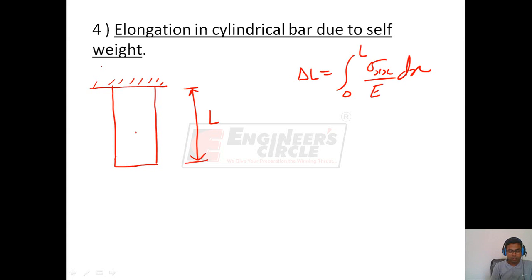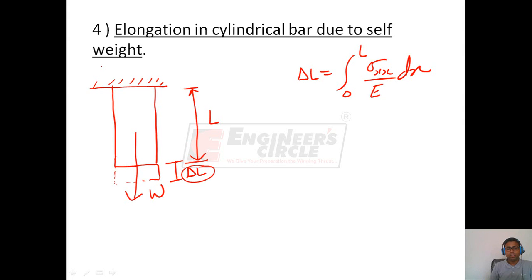The weight of this bar will be acting like this, which is an axial load on this bar. Due to this axial load W, which is the weight, this bar will elongate by some delta L.